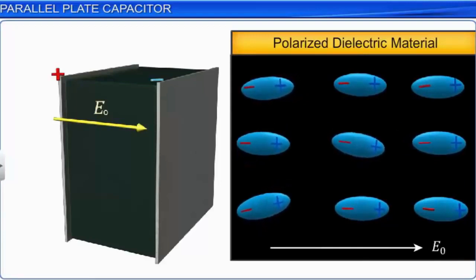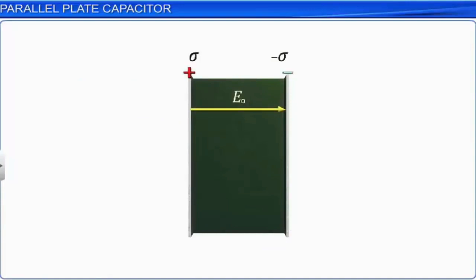The net effect on the dielectric is that there is an induced positive charge density plus sigma dash on the right face and minus sigma dash on the left face. Due to this, there is a weak induced electric field, say E dash, in the direction opposite to that of E naught, since the dielectric material has a lesser number of free charge carriers as compared to the metal plates, which are conductors.